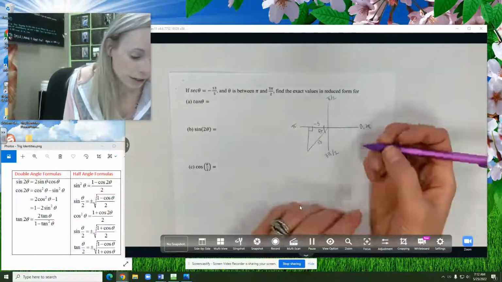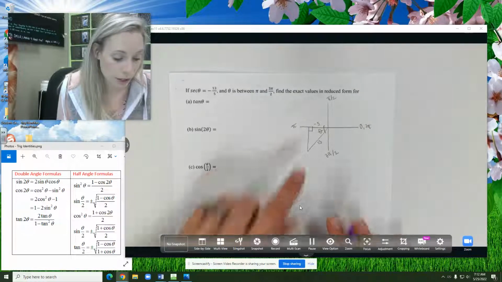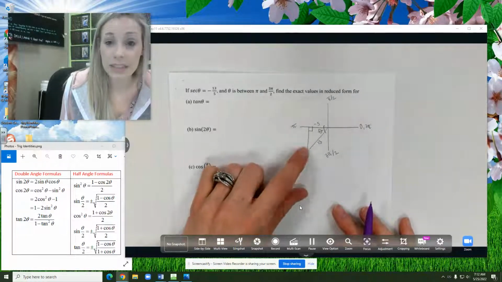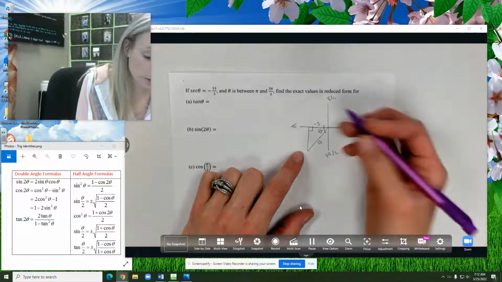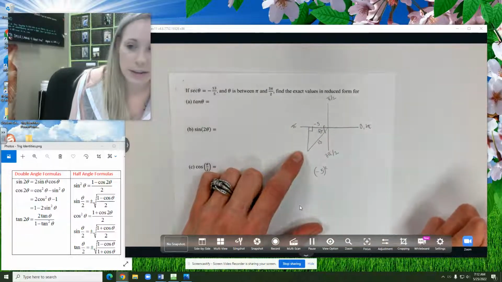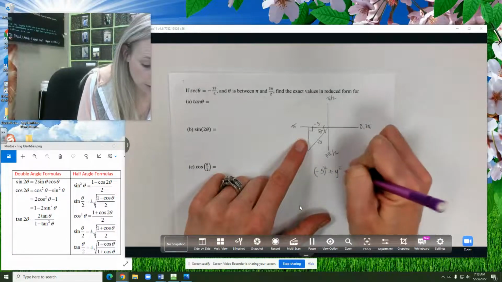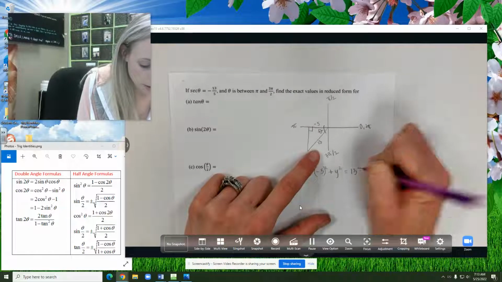So before we can find tangent, because for tangent we need the opposite, we need to figure out this opposite leg. To get the opposite leg, we use the Pythagorean Theorem. We have negative 5 squared, in parentheses, plus, I'm going to call it y squared, equals 13 squared.